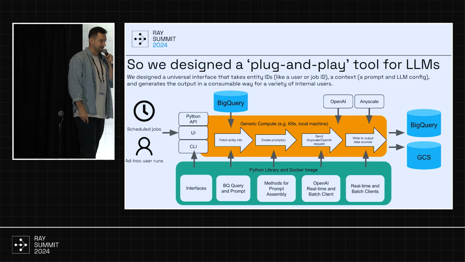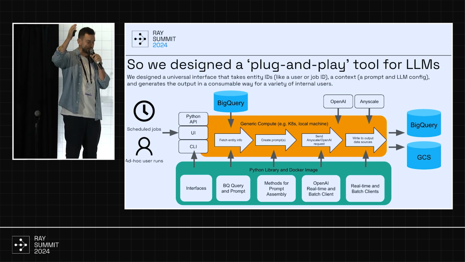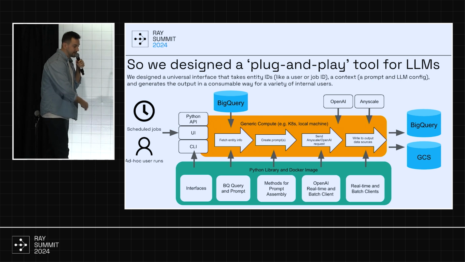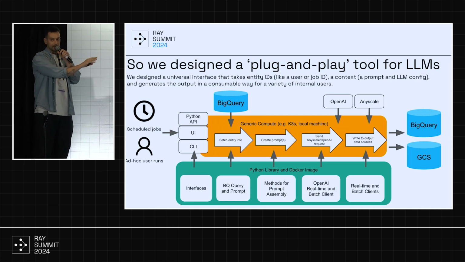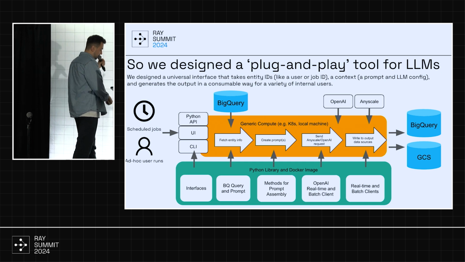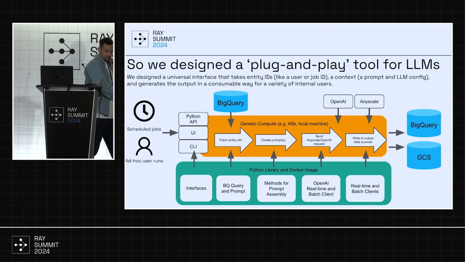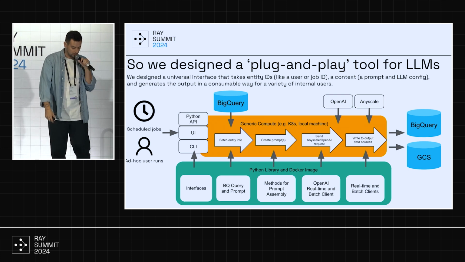And with that, it basically just stringifies a ton of OpenAI prompts or Anyscale prompts, and then sends them off in batch requests to either our internal Anyscale hosted LLMs or OpenAI. The best part about this is that we then can write it out to super queryable sources like BigQuery or Google Cloud Storage.